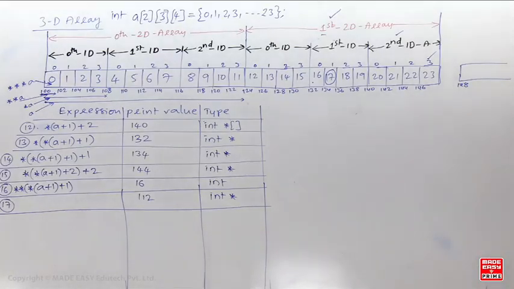I think you copied it already, right? Tell me, I want 112, type is int star.